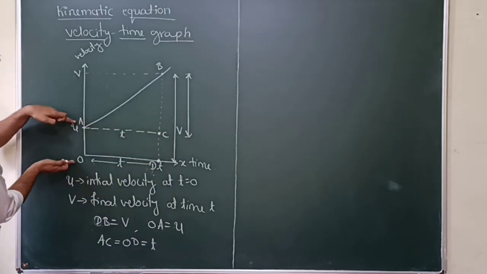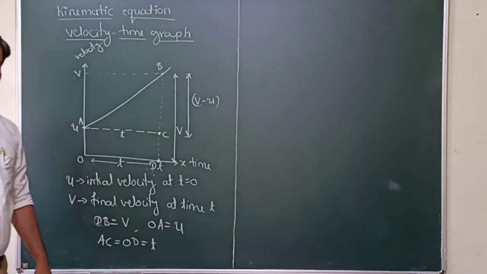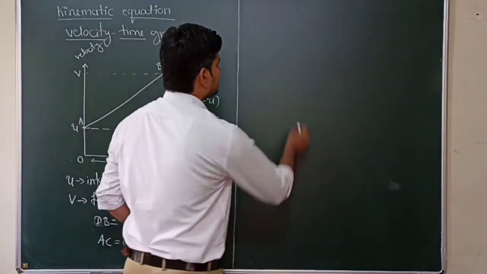This is u, correct? V minus u. Is it right? Now listen here.